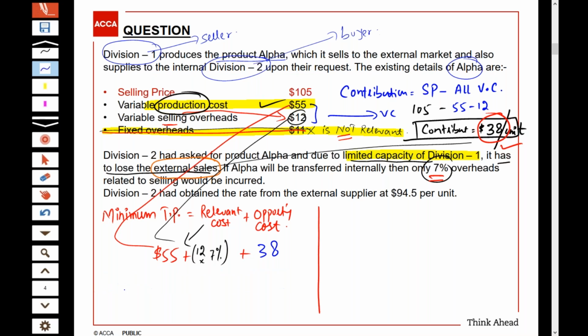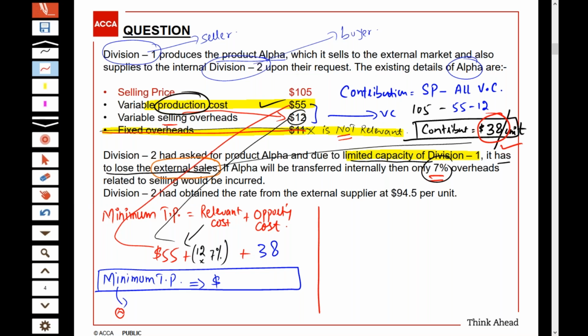This is the minimum transfer price, and it is quoted by the seller division. The seller division will naturally want the cost which is necessary to transfer internally. All right. And then 55 plus 12 multiplied by 0.07 plus 38.